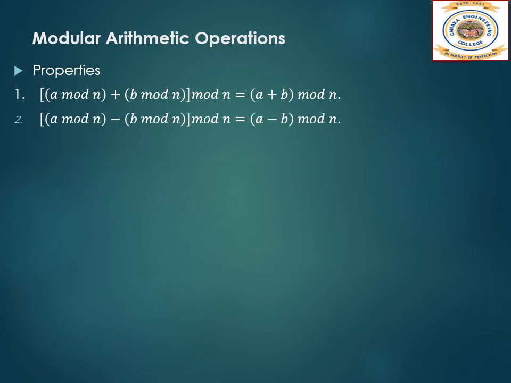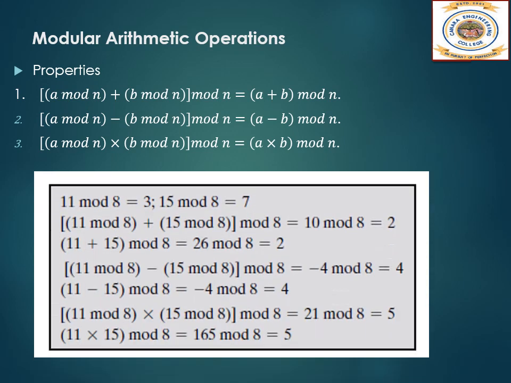And the second property is (A mod n minus B mod n) the whole mod n is (A minus B) mod n. And the third property is (A mod n into B mod n) the whole mod n equal to (A into B) mod n. So let us see an example to prove these properties.